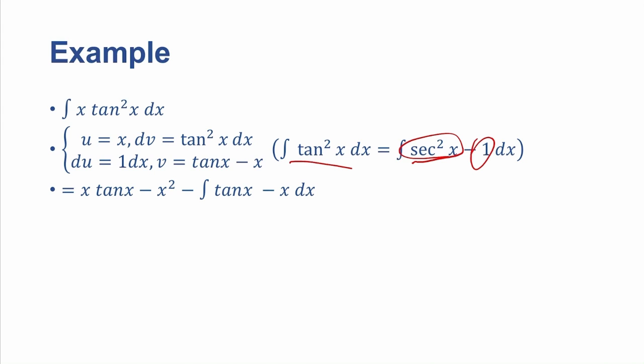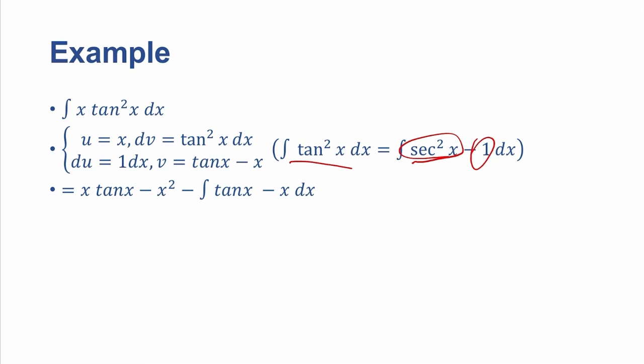So we are throwing all of these in. You've got the x tangent x from there, and then we've got the minus x squared because we're multiplying everything by x, and then we subtract the integral of tangent x minus x dx.